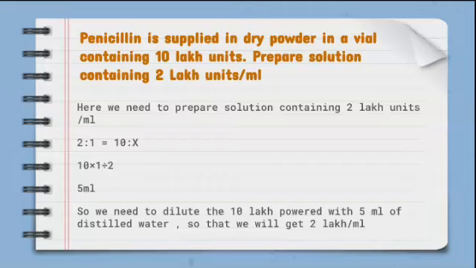You have to dilute the 10 lakh units with 10 ml of distilled water, so that you get 1 lakh units in 1 ml. If you go with the formula, 2 lakh in 1 ml you keep on one side and 10 lakh in x ml, you keep x on one side and move all the other things to the other side. So 5 ml is the answer.